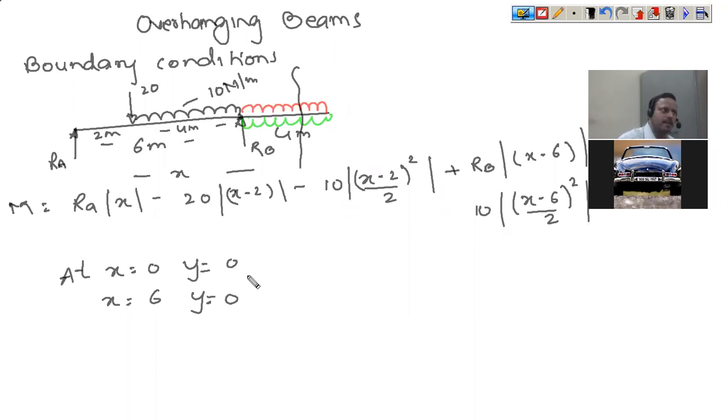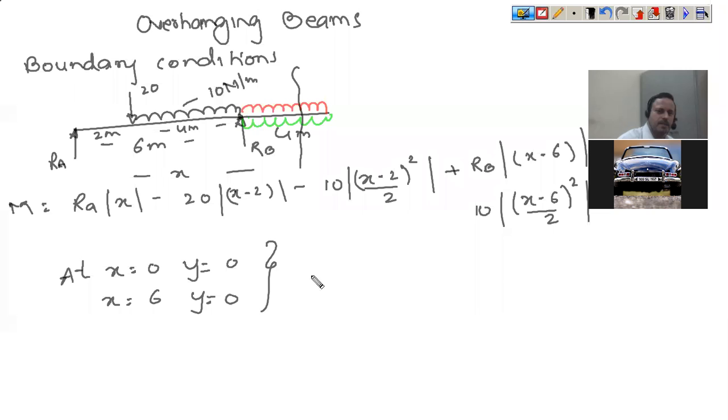Earlier it was the ends of the beam, now it is some point where the supports have been located. So what you could understand till now was that x is equal to 0, x is equal to 6, they are not the ends of the beam, they are the location of supports with respect to x.